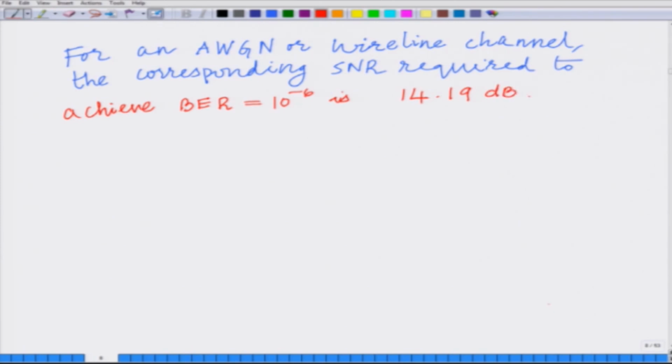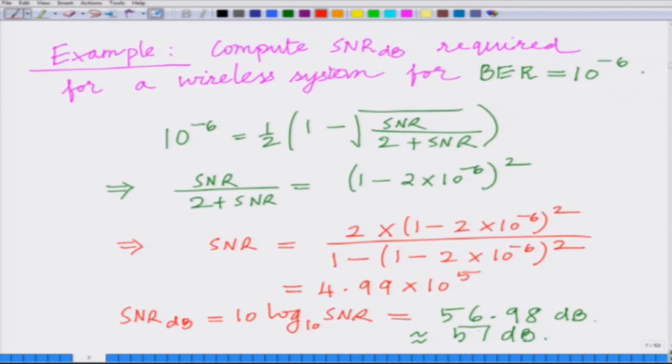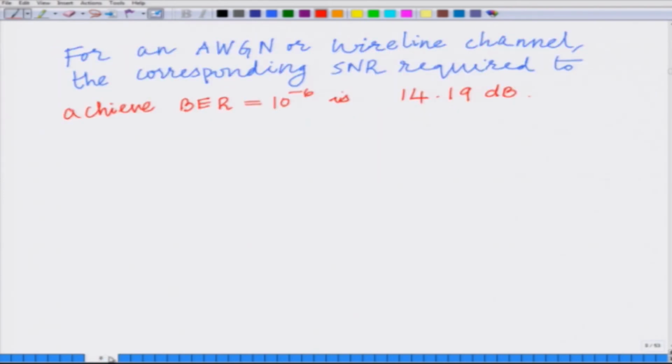For a fading wireless channel, as we have just seen, it is 57 dB. Therefore, approximately for a wireless channel, how much more SNR do we need to achieve 10 to the power of minus 6 bit error rate?